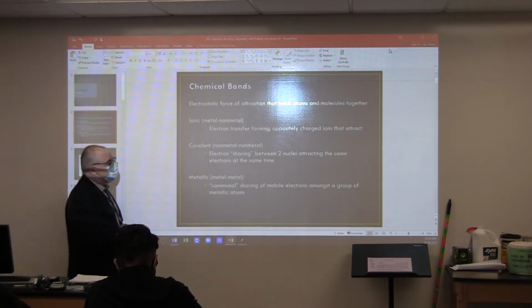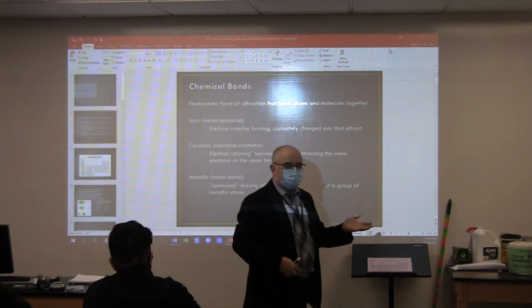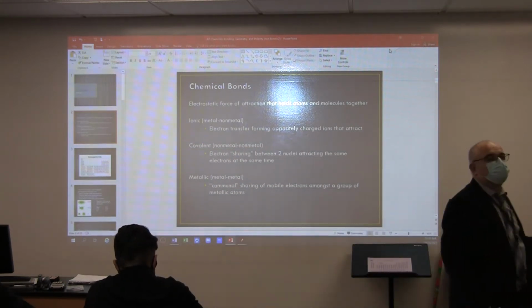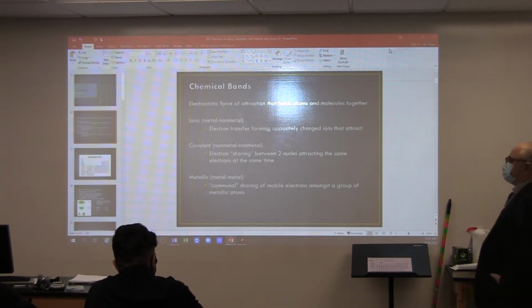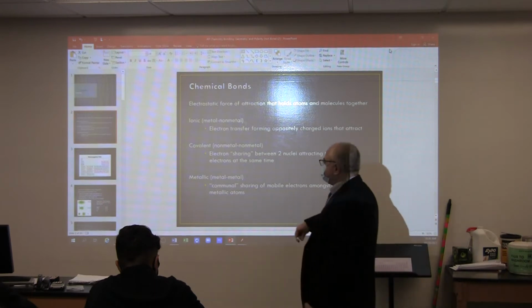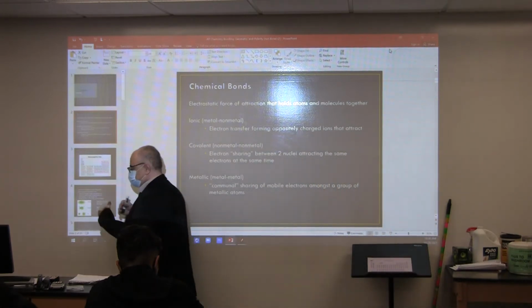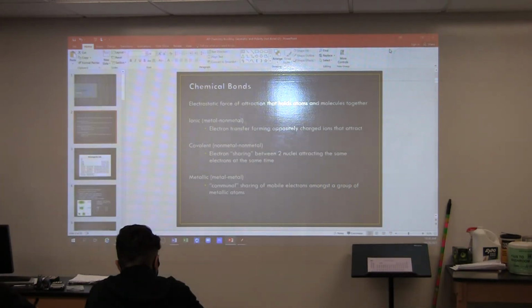When that happens, we form positive cations and negative anions, and those ions can then come together to form a bond. That attraction between the ions holds them together. So what are the key things to know about this? Metal, nonmetal. Metals give electrons to nonmetals. They form ions that attract.